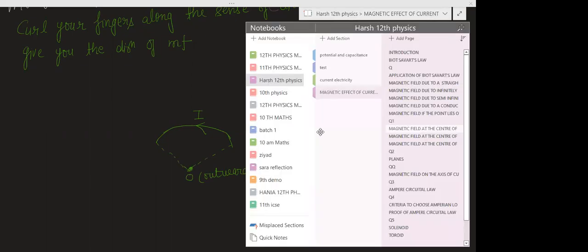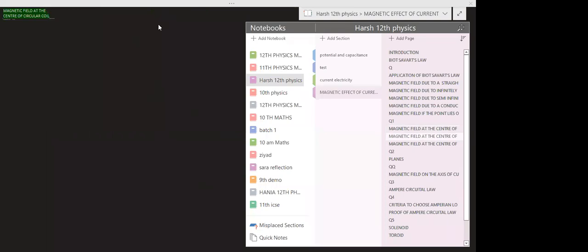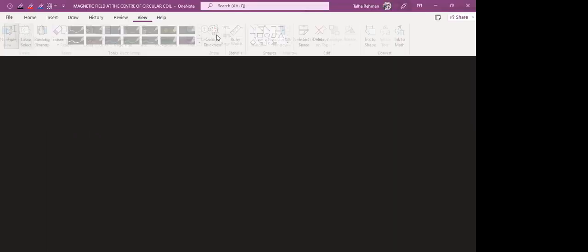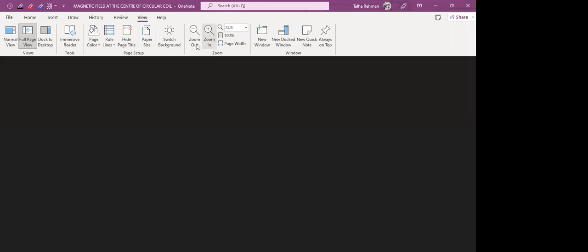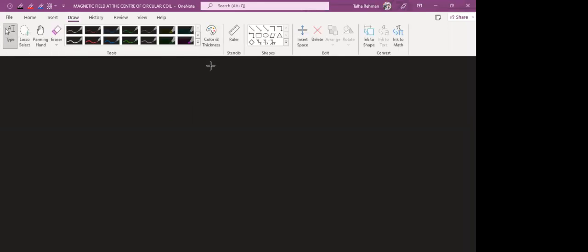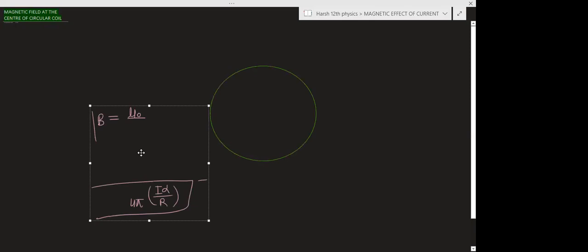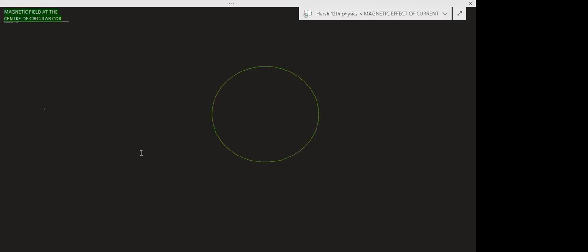Next, we will calculate the magnetic field at the center of the circular coil. I am taking one circular coil, and this is a very simple case. You already know this formula. What is the magnetic field due to the circular arc?